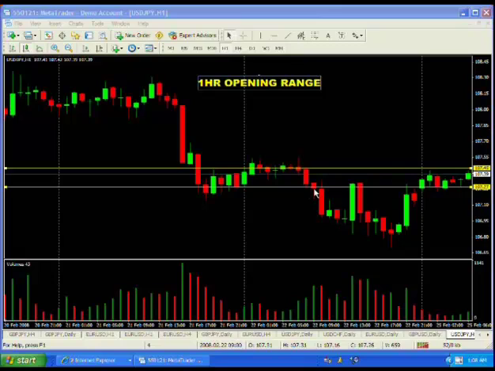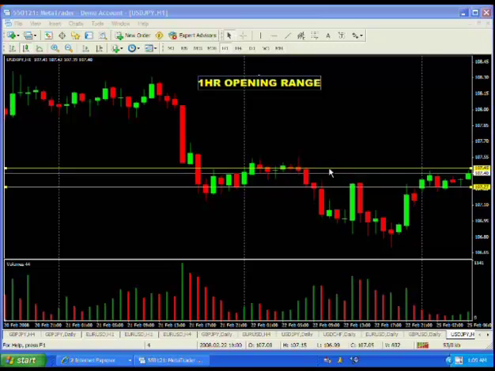Once you see this close below the low of the opening range, you want to place a sell short order right at the low of the opening range here, and your stop would go above the high of the opening range.